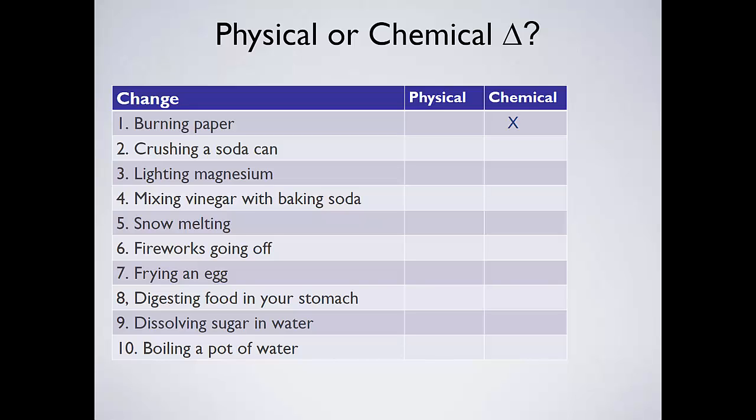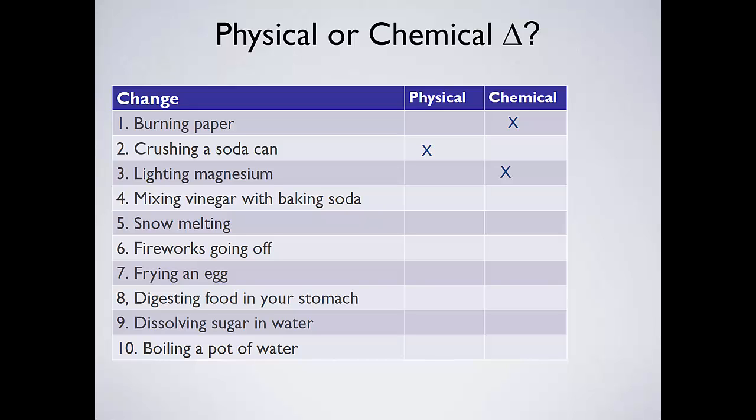Smashing a soda can on someone's head would be an example of what type of change, Olivia? Physical change. Lighting magnesium and having it burn in someone's chair that they're about to sit down on. Sit down, Wyatt. Jack? That'd be a chemical change.